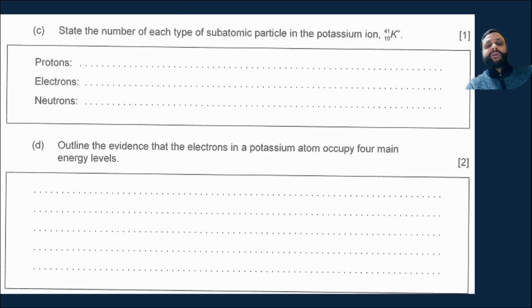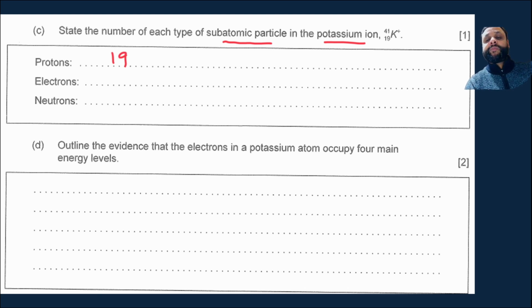C. State the number of each type of subatomic particle in the potassium ion. In this question we have been given the nuclear symbol notation for the potassium ion and asked to work out the subatomic particles. We know Z, the atomic number, is 19, hence we have 19 protons.